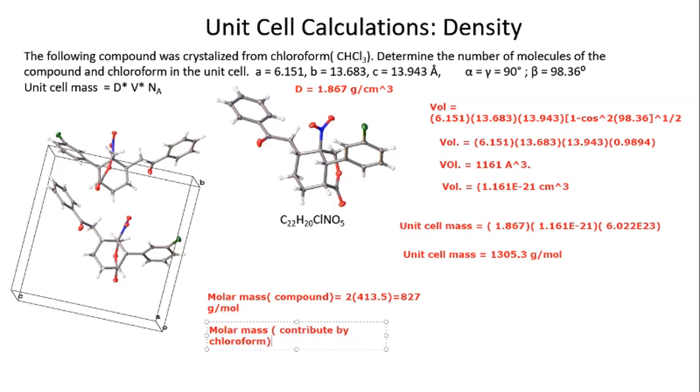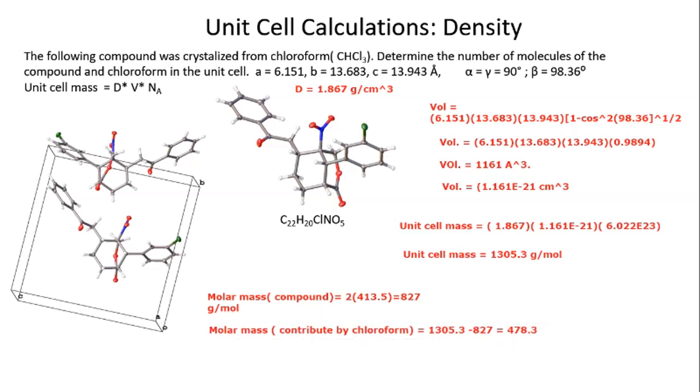So what we're going to do is take the difference between the molar mass of the unit cell and the molar mass of the compound, its contribution, to see what's the contribution of the chloroform molecules. And it's 478.3. So the total molar mass of all the chloroforms in the unit cell is 478.3.